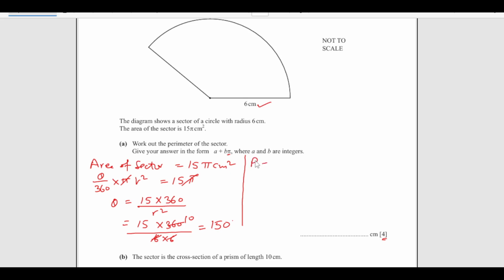So perimeter of the sector is going to be theta over 360 times 2 pi r, right? So this is 150 over 360 times 2 pi r, right? So this one is 15 over 36, this 0 and 0 gets cancelled. 2 pi into r is 6, right?